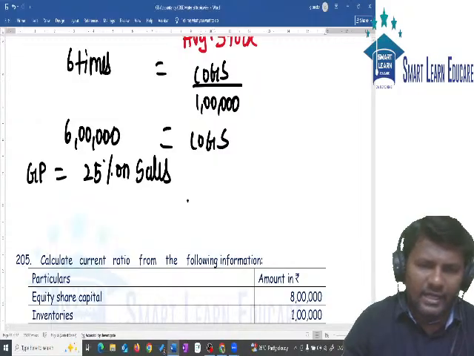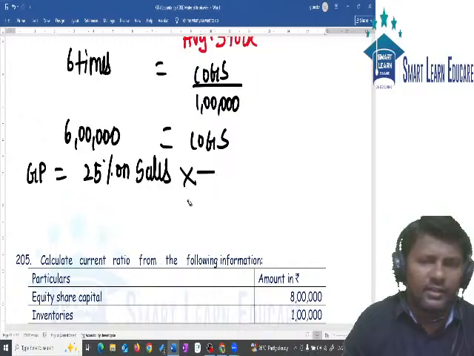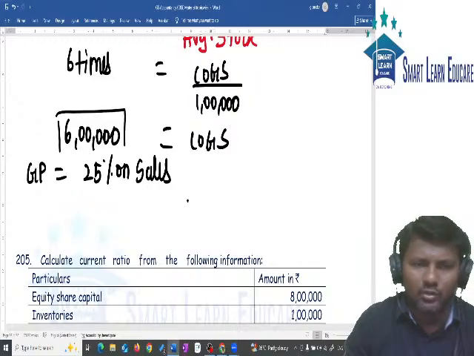So we cannot directly apply this 25 percentage on 6 lakh, because this 6 lakh is cost of goods sold.